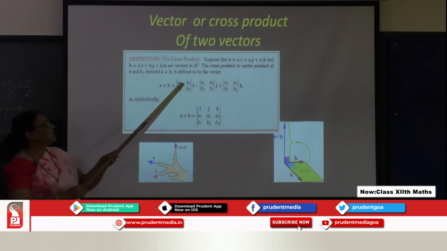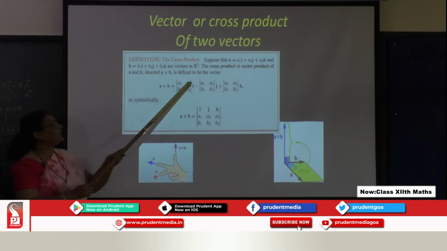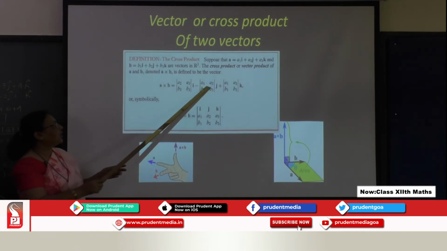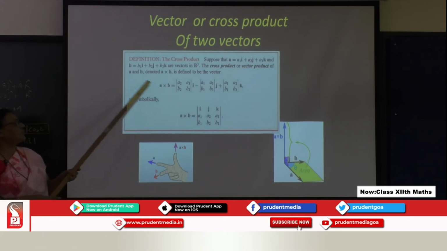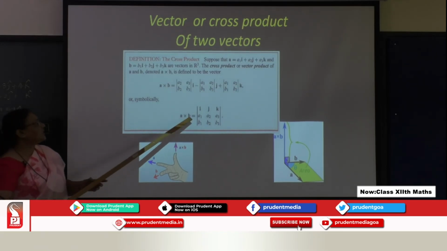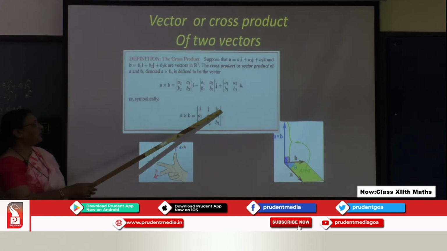Now, how to simplify this? It's this way, you have to multiply a2, b3 and b2, a3. Similarly here, both you are supposed to multiply, and I will show you all this with an example. So a cross product is written as a determinant of i, j and k.